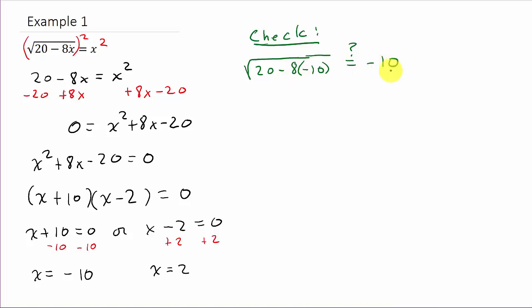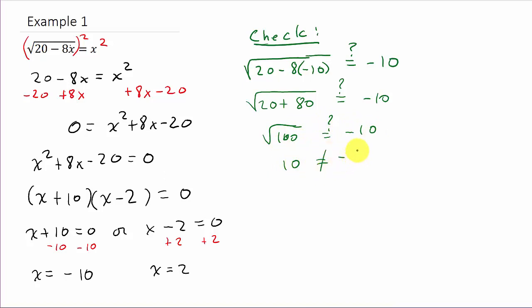But let's just look at it. This is the square root of 20, and then negative 8 times negative 10 is positive 80. So this is the square root of 100, and the square root of 100 is 10. That does not equal negative 10. So we know negative 10 is not a solution.